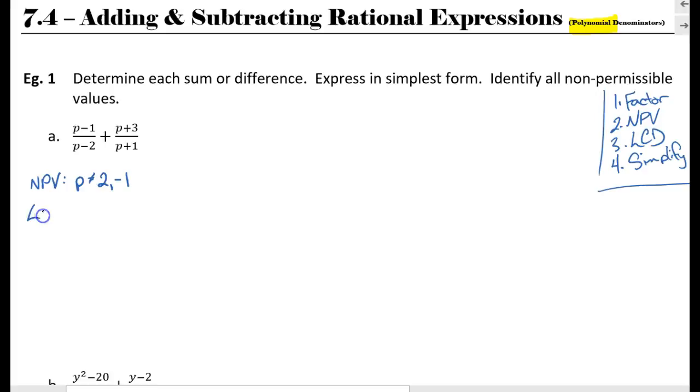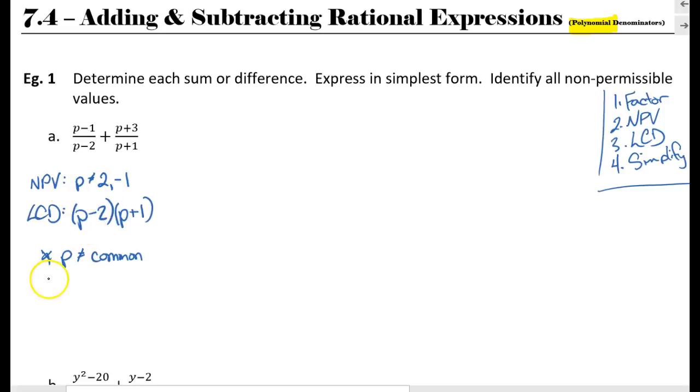My lowest common denominator needs to include all the factors of both denominators, but as few times as possible. In this particular case, p minus 2 is not present at all in my second expression, so I just need to account for both of them entirely. Now, please note, p is not common, because we have to account for the fact that we are subtracting as well.